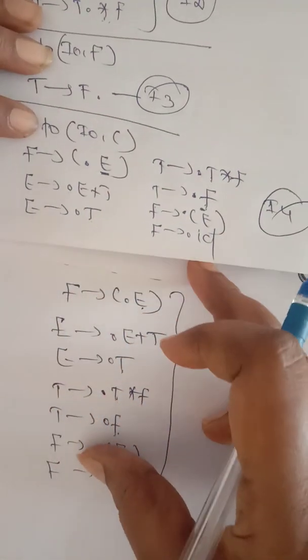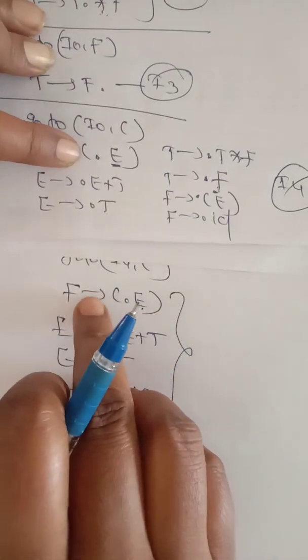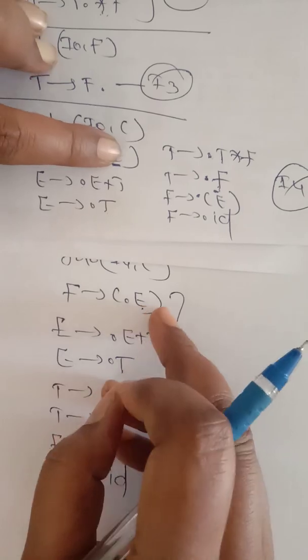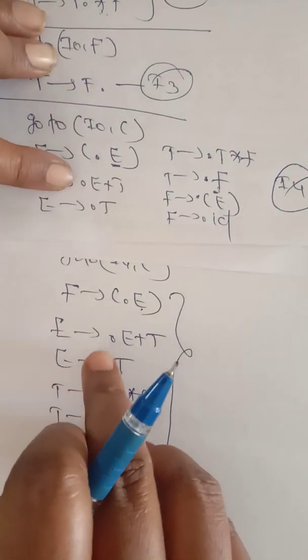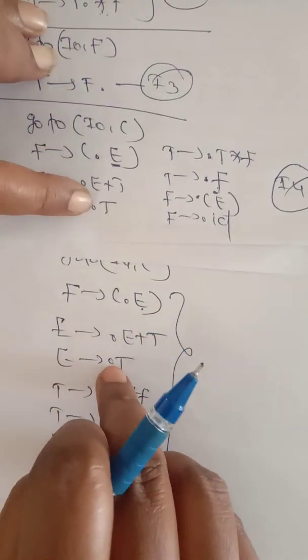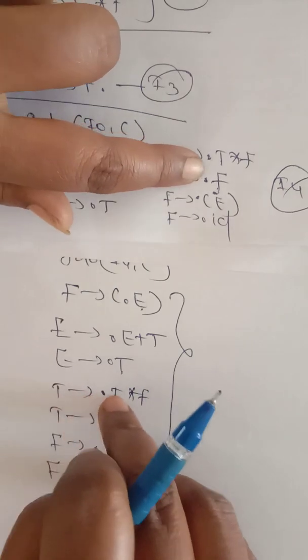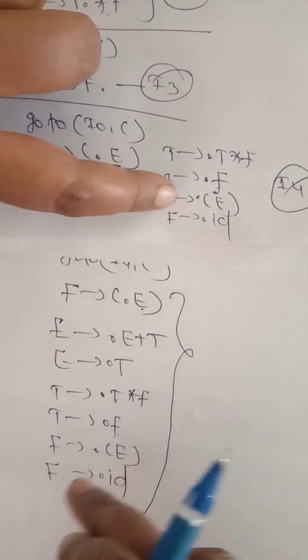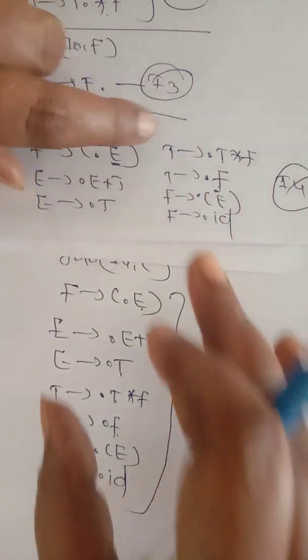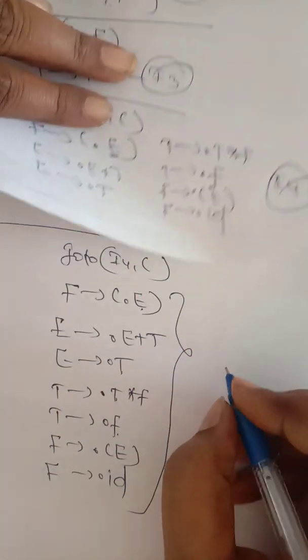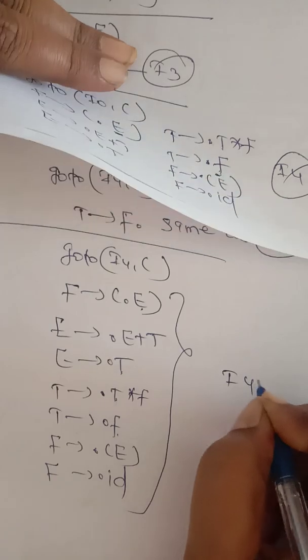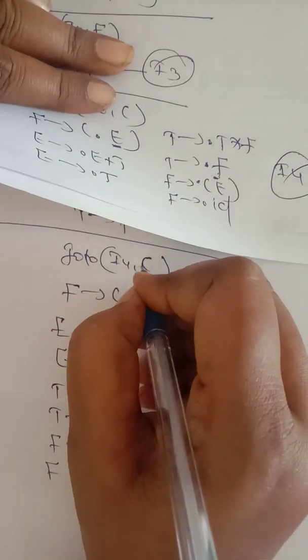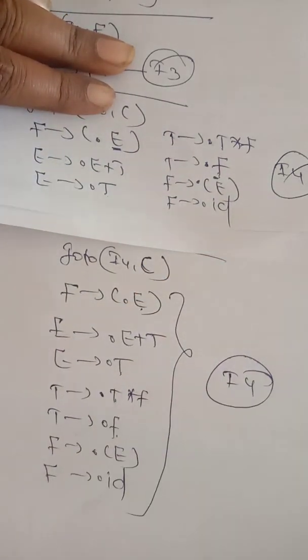Exactly, it's matched with F goes to open bracket dot E close bracket, E goes to dot E plus T, E goes to dot T, T goes to dot T star F, T goes to dot F, F goes to dot open bracket E close bracket, F goes to dot ID. So exactly it matched with I4. So goto I4 comma open bracket is same as I4.